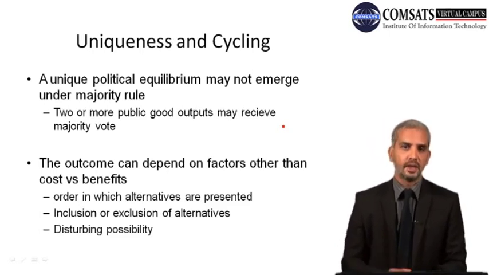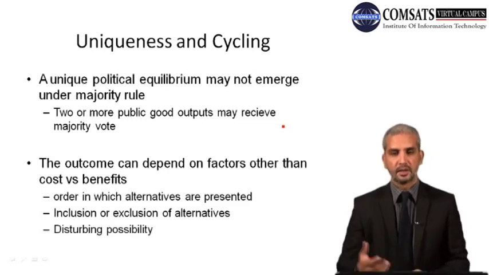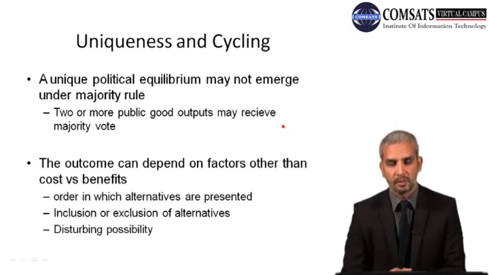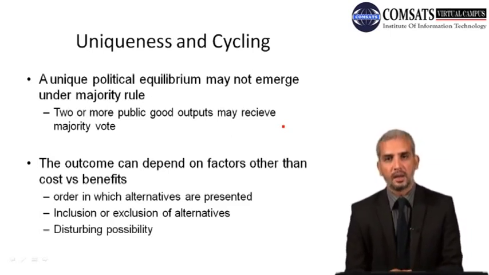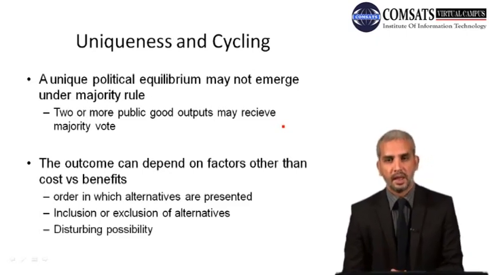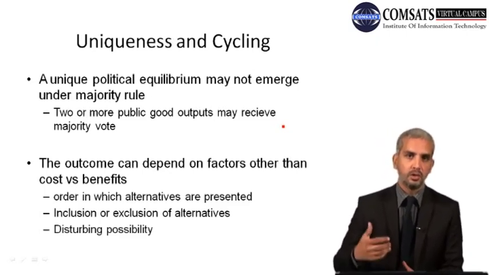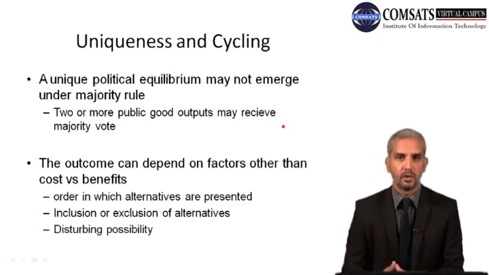Now that is a very disturbing scenario, because it would mean that most of the public choices that originate from the majority rule might not be the optimal outcomes, because it also depends on how those alternatives are presented and how they are put forth for voting.